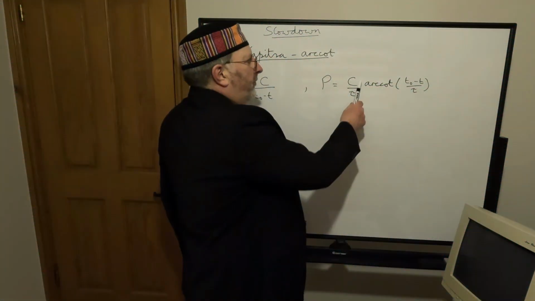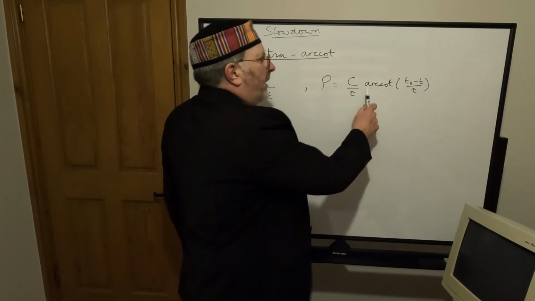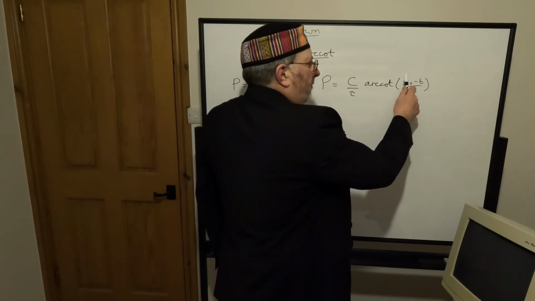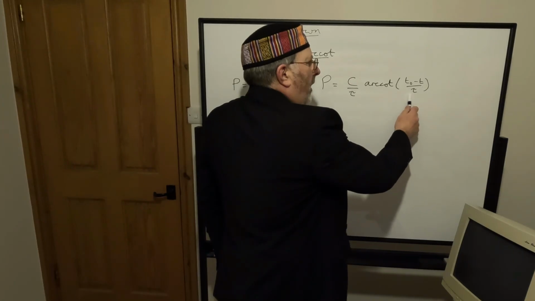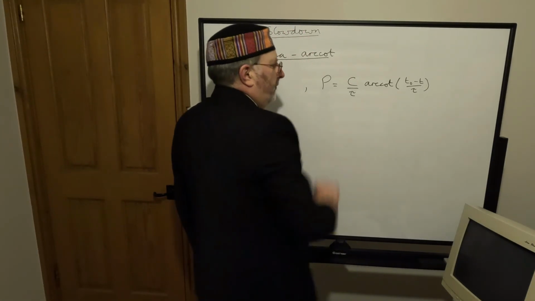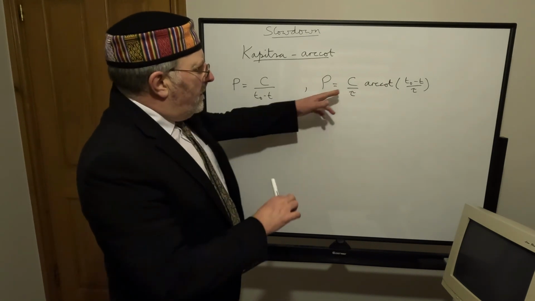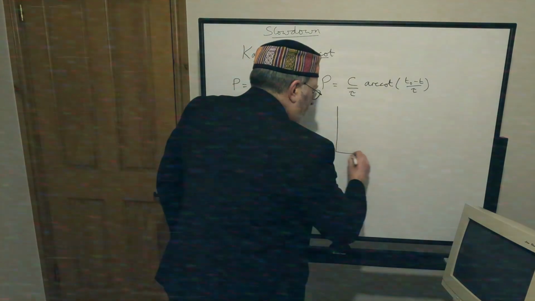P equals C over tau, where C and tau are constants, times the arc cotangent of T0, singularity time, minus T, time, over tau, again this same constant. And he says if we do that, the result we get looks like this.